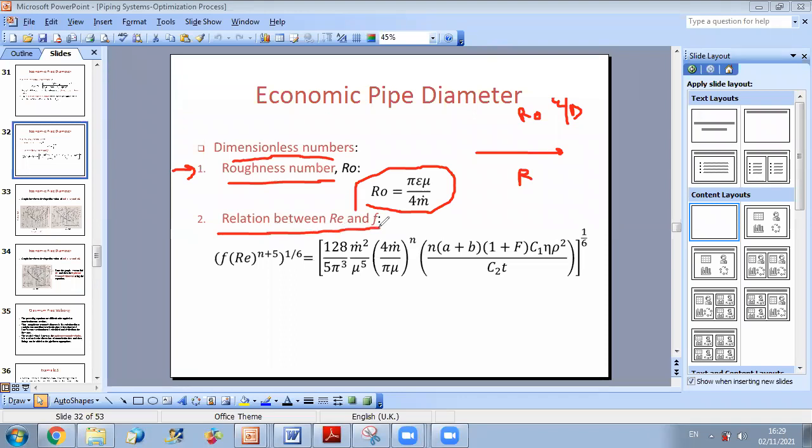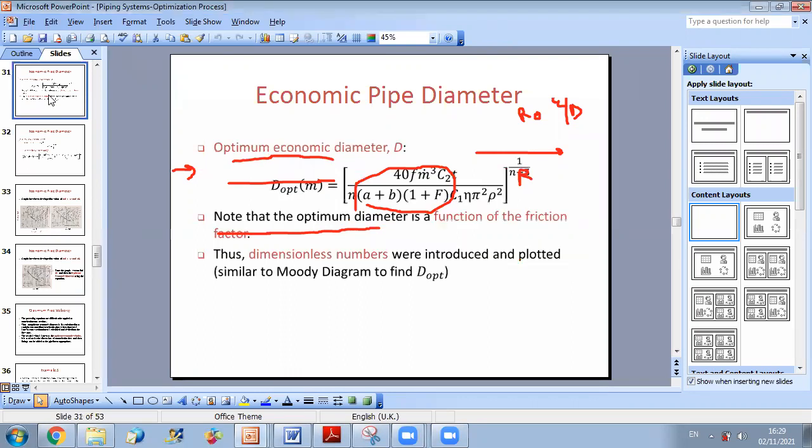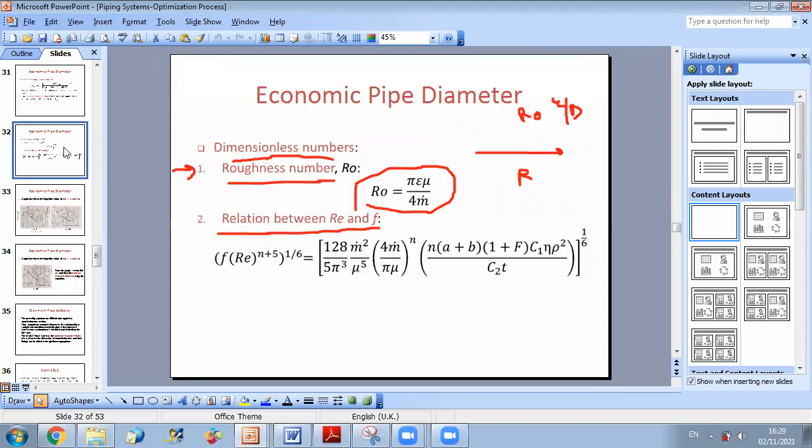How to do this? Here we developed a relation between the optimum diameter and the friction factor. We can also develop a relation between Reynolds and the friction factor, and we can show that this relation is of the following form.